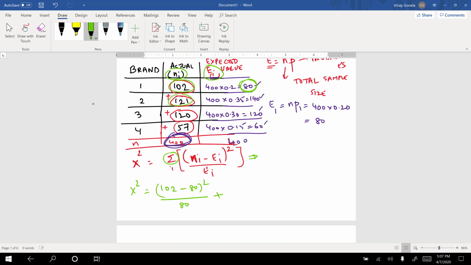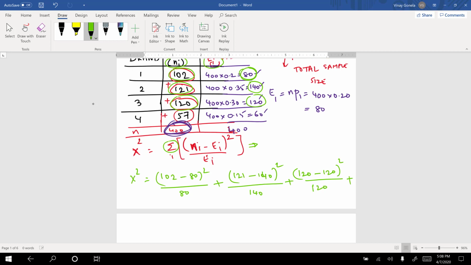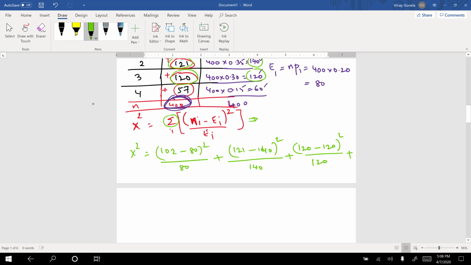Again I have NI, which for the second one is 121 minus 140, whole squared, divided by 140, plus, again the third one, I have 120 minus 120, which is the expected value, whole squared, divided by 120, and then plus, for the fourth one, 57 minus 60, whole squared, divided by 60.